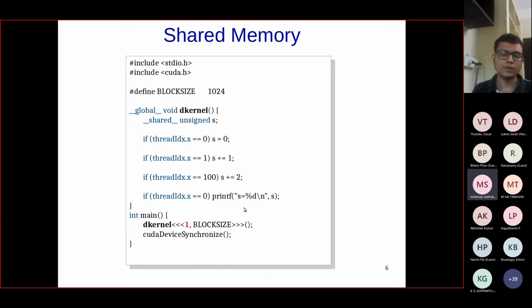I want you to think about what can be the output of this program. I request each and every one of you to try out what the output can be. Can there be multiple outputs, or just one single output? If there is a single output, what is it? And if there are multiple outputs, what can they be?